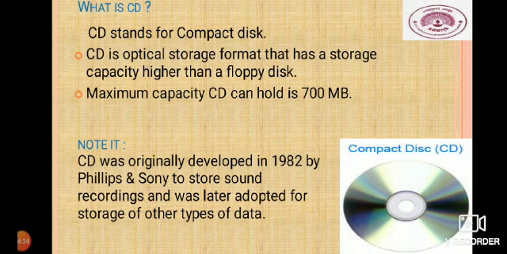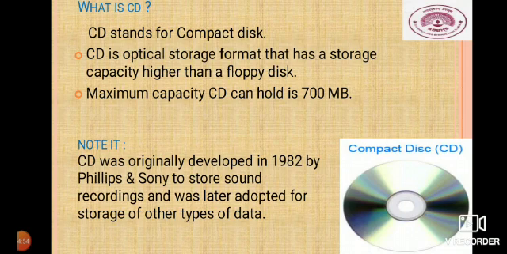Here, data can be written on these discs using a laser or a stamping machine. CD is an optical storage format that has a storage capacity higher than a floppy disk.